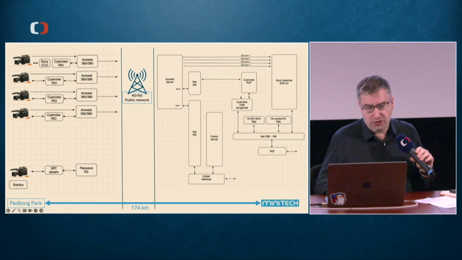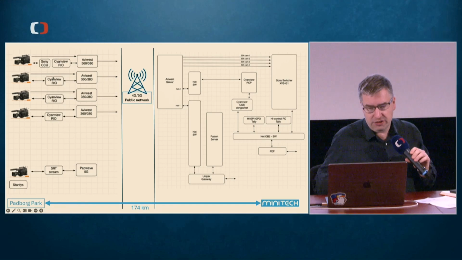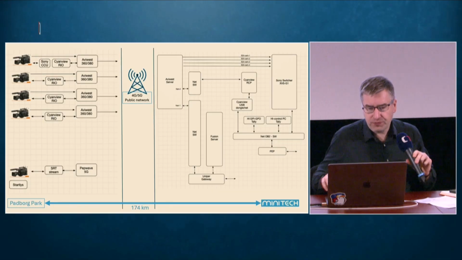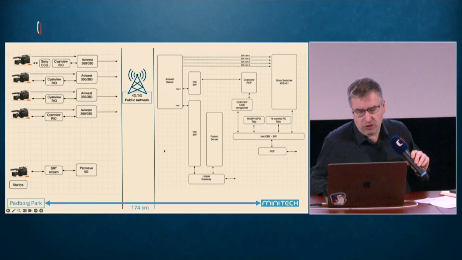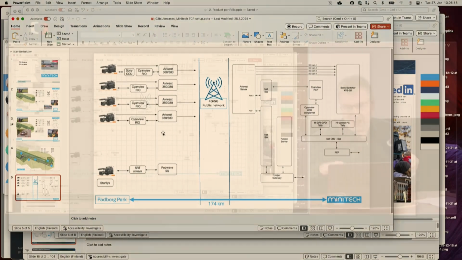And of course, with the Cyan View, then they were able to do the shading of the feeds as well. And intercom, I think that was. I don't know how they used intercom in this case. Okay, yeah, that was that.